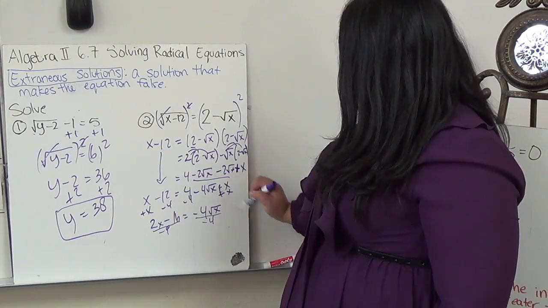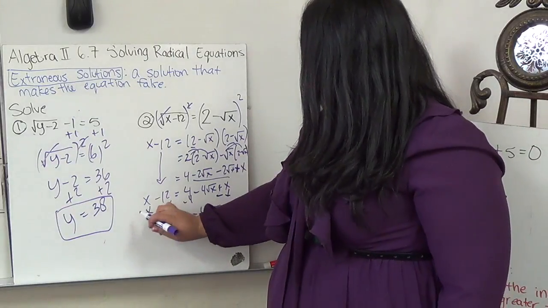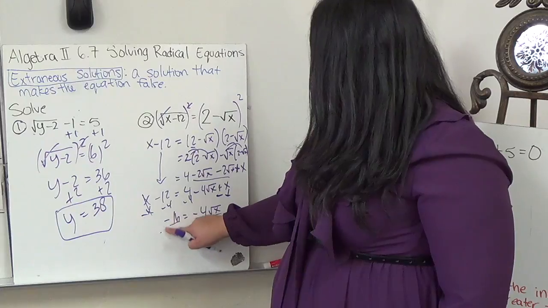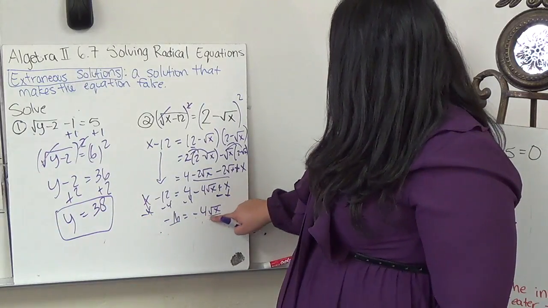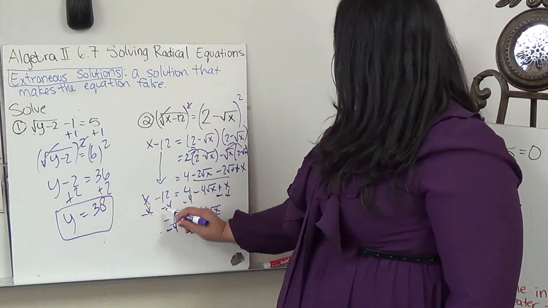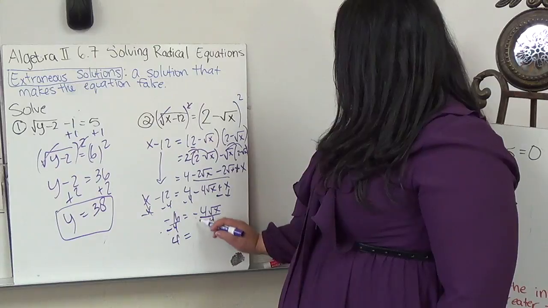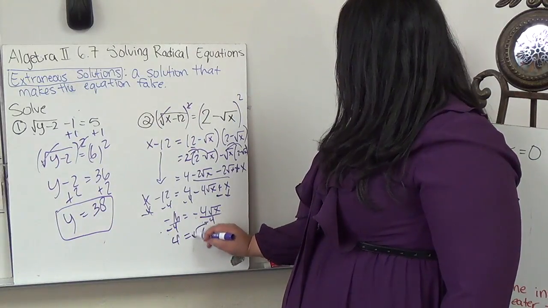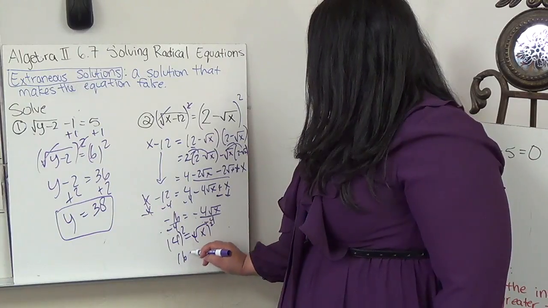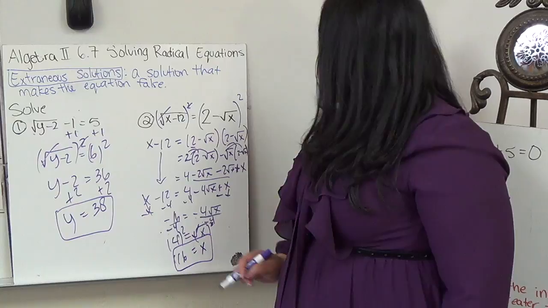So this is positive, so I would have had to subtract x, which cancels out, leaving me with negative 16. Then I divide by negative 4. Divide by negative 4. My negatives cancel out. 16 divided by 4 is 4 equals root x. And then I square both sides, giving me 16 equals x, because this cancels out. Sorry about that.